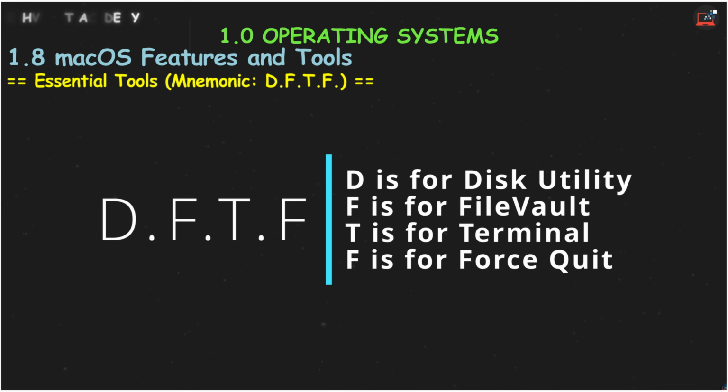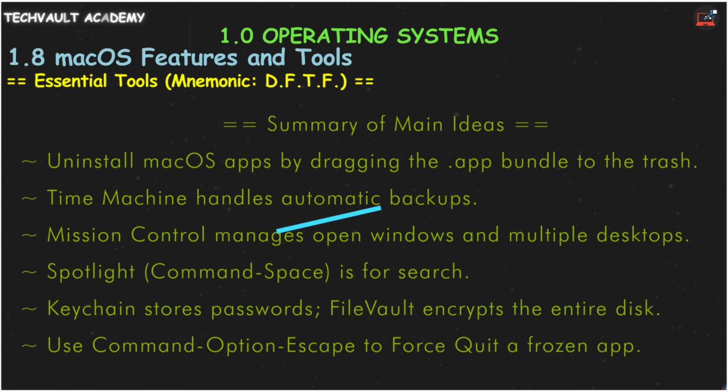That covers the critical details for this objective. To recap, macOS apps are usually .app bundles installed from .dmg files, and you uninstall them by dragging them to the trash. Time Machine is the automatic backup tool that performs hourly, daily, and weekly backups.